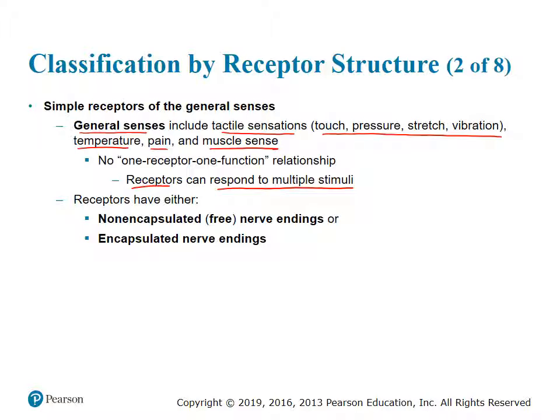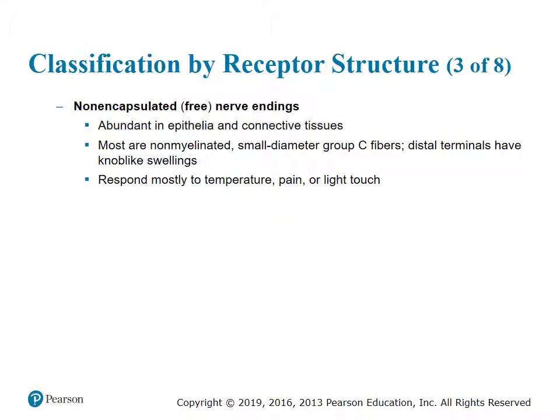So in the general senses, we're going to either have the receptor being what we call a free nerve ending, or non-encapsulated versus encapsulated nerve ending. This depends on what its function is going to be, if it in fact has a capsule on it or not. So here are the free nerve endings, non-encapsulated.